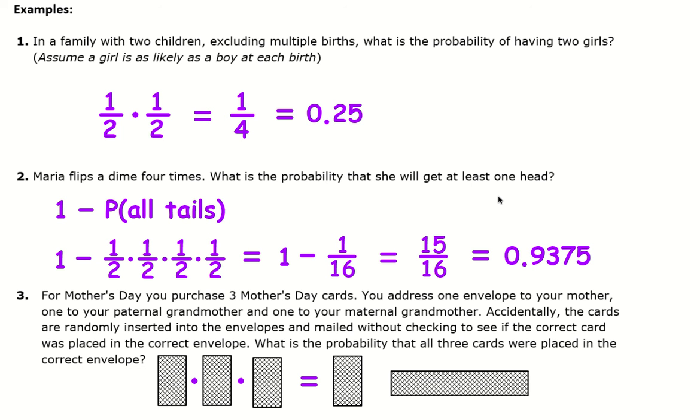Which means it could go heads, tails, tails, tails, or heads, heads, tails, tails, or tails, heads, tails, heads, or tails, tails, heads, heads. You could list all the different outcomes, and if you listed them all, there'd be 16.